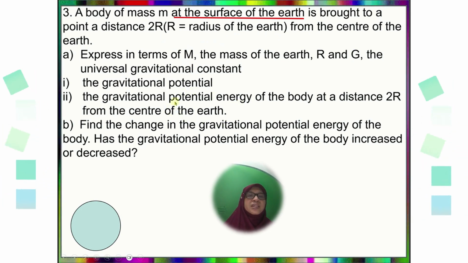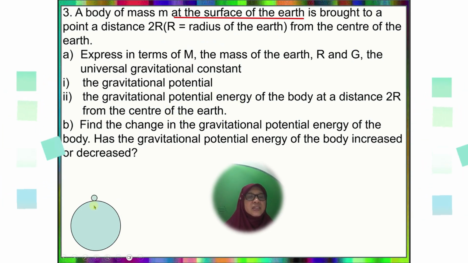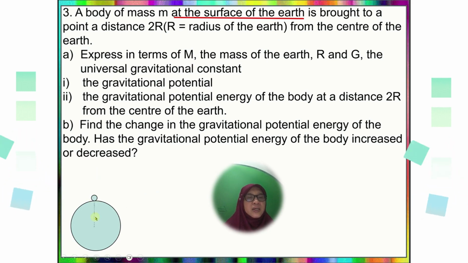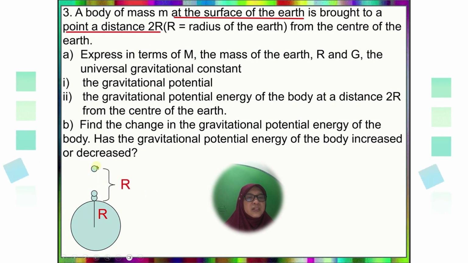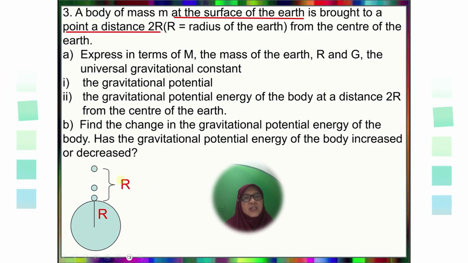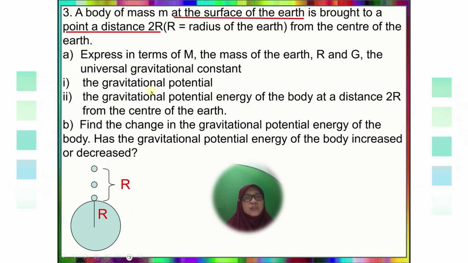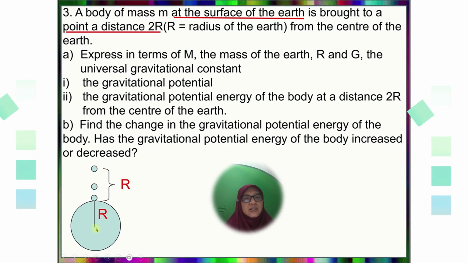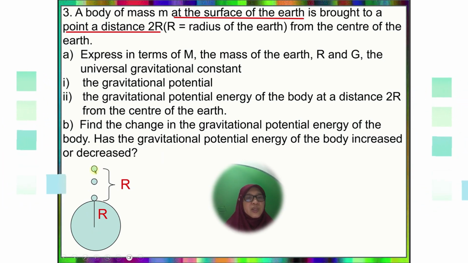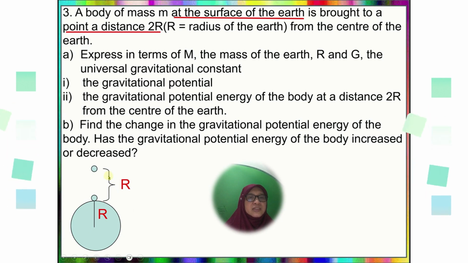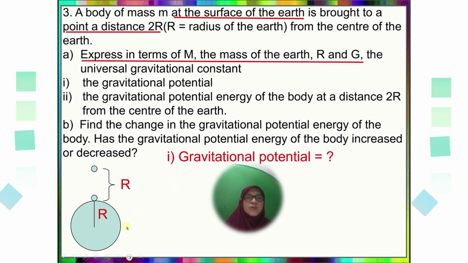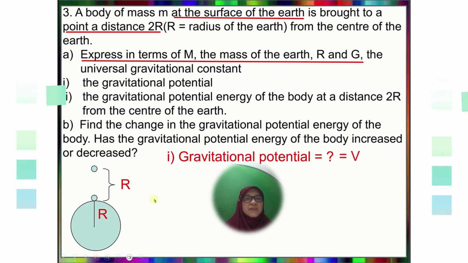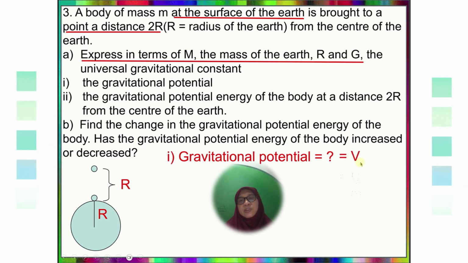For gravitational potential, the distance is 2R. So this is the radius, and double the radius will be somewhere here. The distance 2R is measured from the center of the Earth. So that's the distance, and that's the gravitational potential that we are going to derive. So what is the gravitational potential? Let's say we use the symbol V.